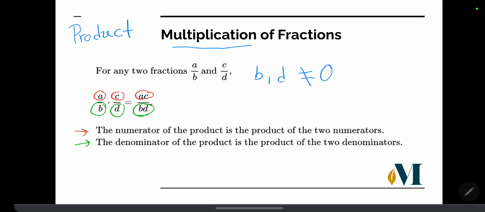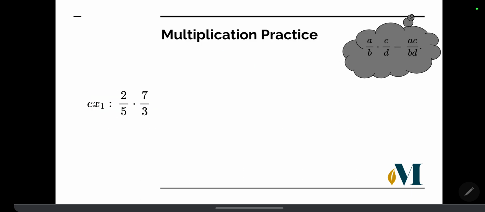Okay, so let's get into some practice problems. We have 2/5 and 7/3. We're taking the product of 2/5 and 7/3. So we're going to take the product of our numerators, 2 and 7. 2 times 7 is 14, so that is our numerator.